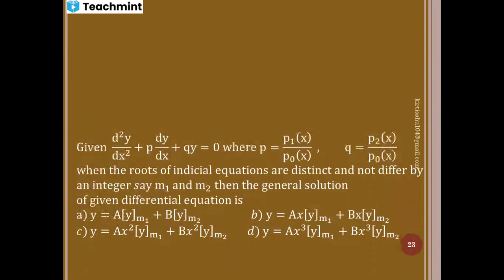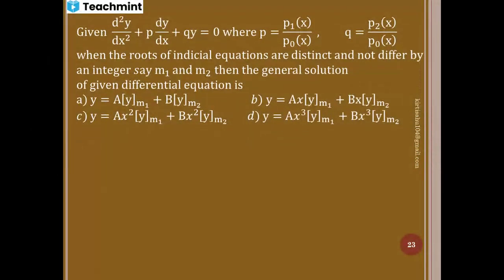Next one, a second order differential equation is given, where P is P1 of x upon P0 of x and Q is P2 of x upon P0 of x. When the roots of the indicial equation are distinct and do not differ by an integer, say m1 and m2, the general solution of the differential equation is what?